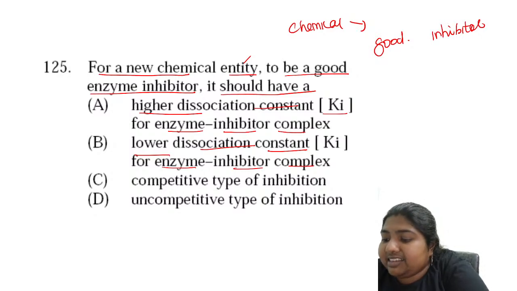What should be the nature or the property that it should have? Come on. If at all you want it to be a good inhibitor, what should be the property? Yes, you can give your answers.